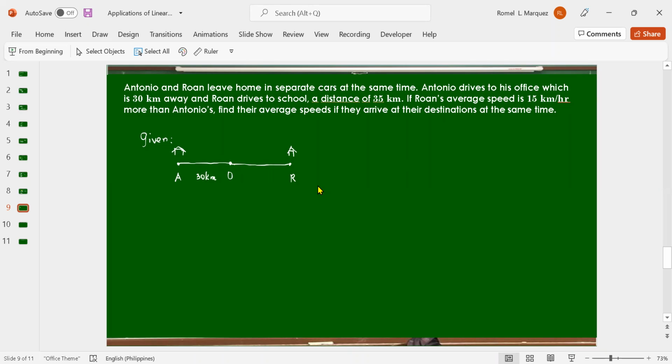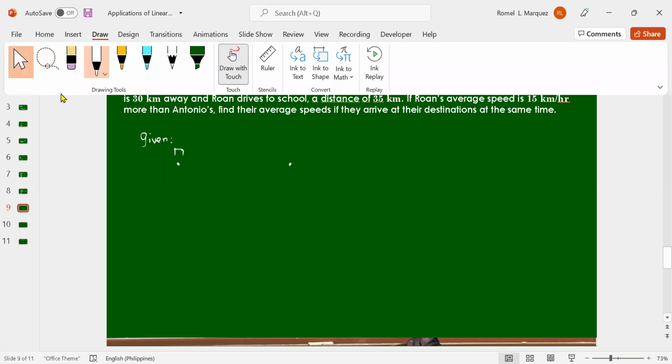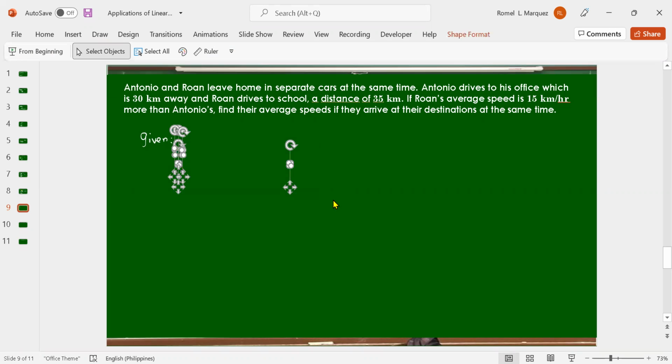And Roan drives to his school at a distance of... magkaiba palang pupuntahan nila. Hindi, kino-compare lang pala to, sorry. They don't have the same destination. Am I correct, guys? Pero kino-compare lang yung kanilang arrival, no?